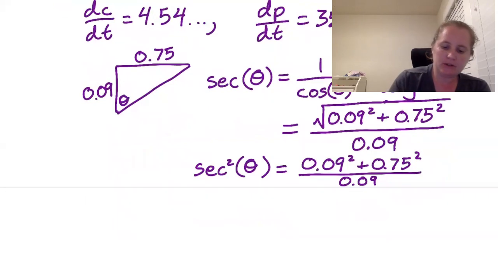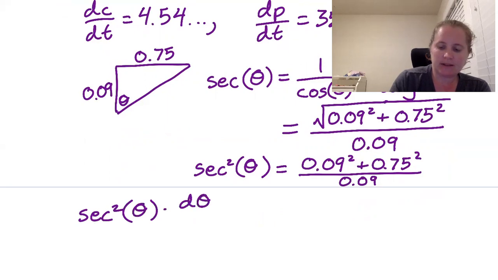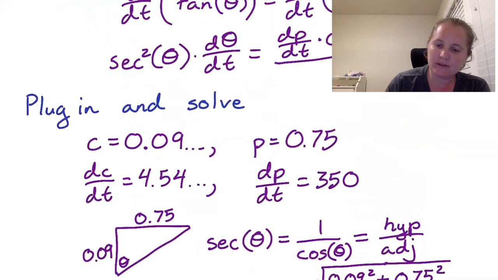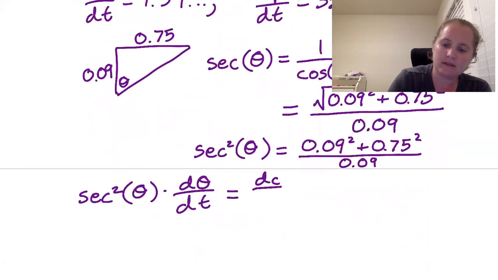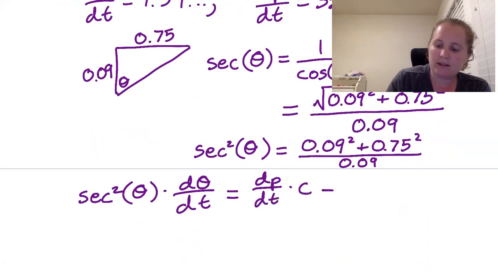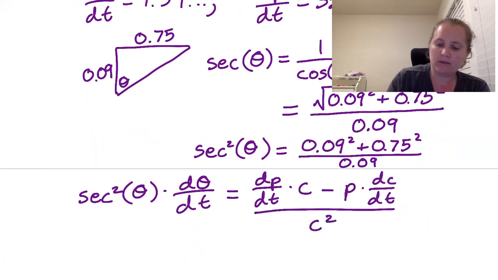So our equation was secant squared theta times d theta dt was equal to dp dt times c minus p times dc dt, all over c squared.